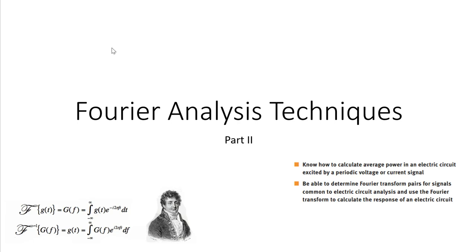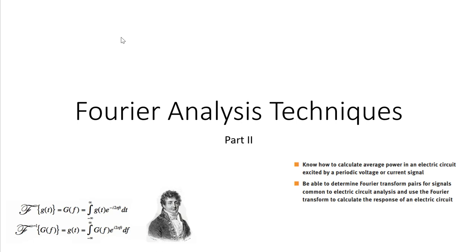This is part 2 of the Fourier analysis techniques chapter. In the previous part, we studied the Fourier series analysis. We tried to determine the basic equations of the Fourier series analysis, and after that we managed to find the series of some composite signals.